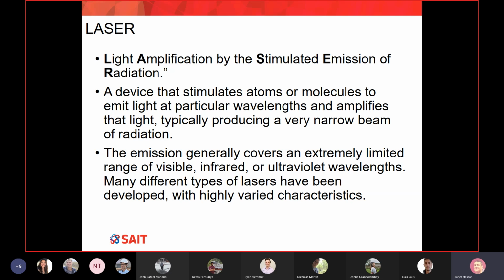I myself studied laser back in high school physics. Laser is light amplification by stimulated emission of radiation. I know it looks very complicated, and nobody says light amplification right now. Everyone is saying laser, laser, laser. But this is how the word started.